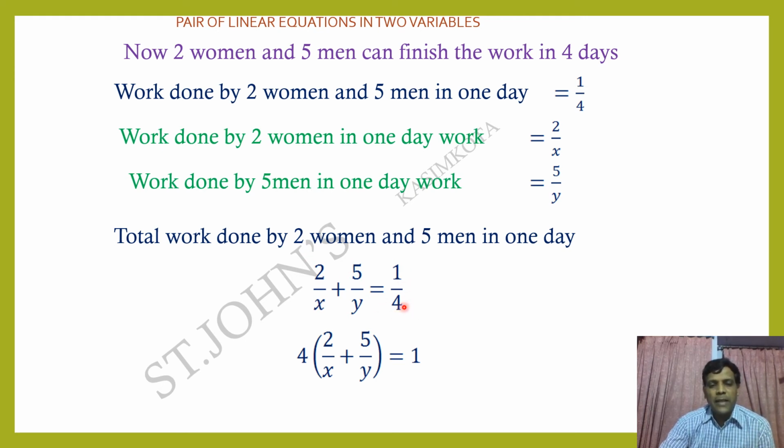So 4 in division place moves to the opposite side into multiplication: 4 into 2 by X plus 5 by Y equals 1. Are you clear? Now multiplication is easy; otherwise we have to find the LCM, which is a long process. 4 2s are 8, so 8 by X plus 4 5s are 20 by Y equals 1.